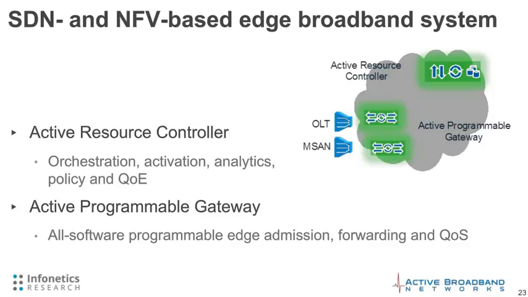The controller talks to an OpenFlow-based intelligent forwarding engine, and our forwarding engine we call the Active Programmable Gateway. Again, it's all software. It can be virtualized or run on bare metal, but predominantly virtualized, and it provides the edge admission control, forwarding and quality of service that a traditional line card would do in the kind of hardware-based environment that we came from.